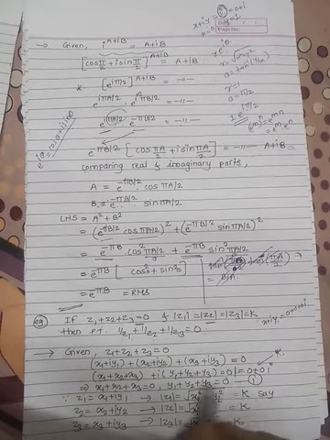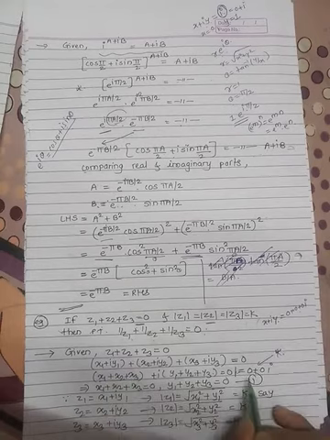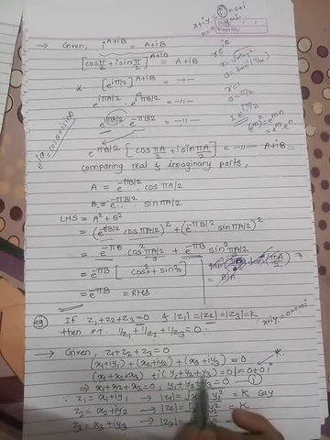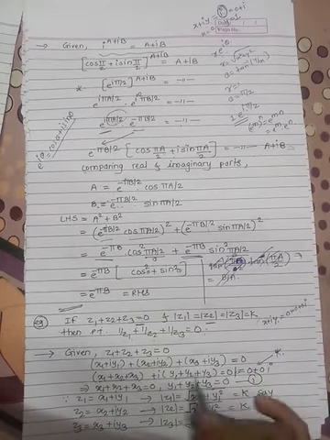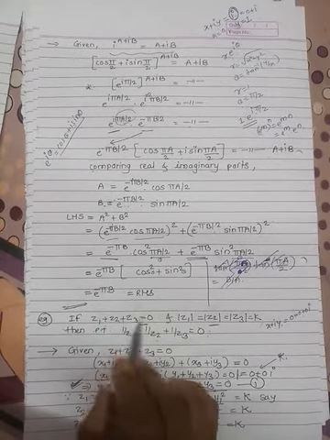Now compare the real and imaginary parts on both sides. We get real part x1 plus x2 plus x3 equal to 0 and y1 plus y2 plus y3 equal to again 0. So this is your conclusion by using the first equation.